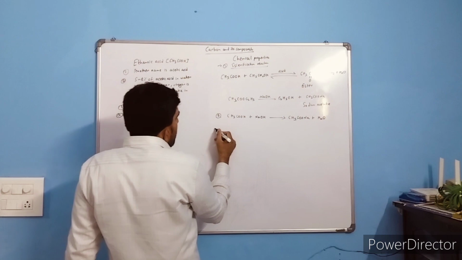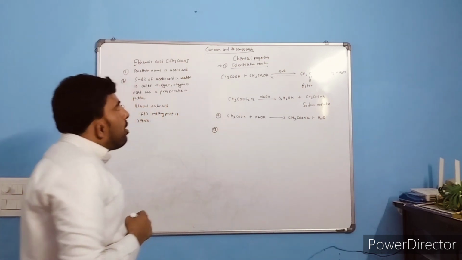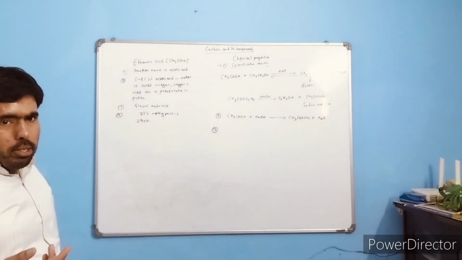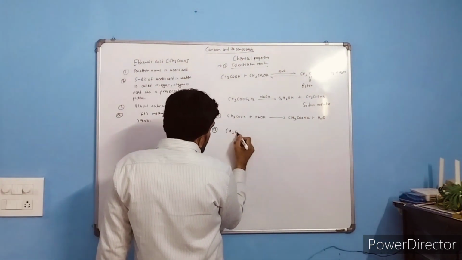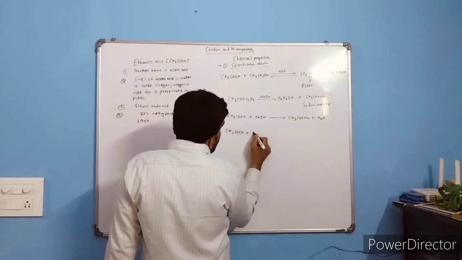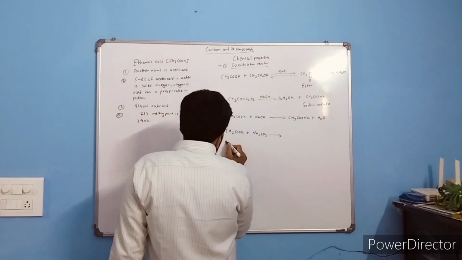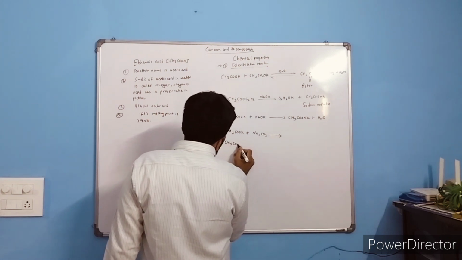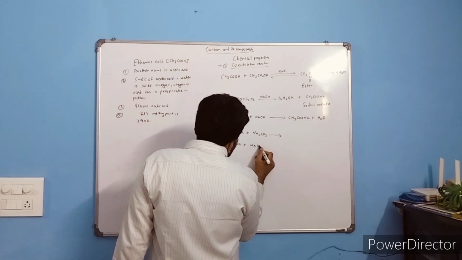Third, we will talk about when it reacts with carbonate or bicarbonate. What will happen? CH3COOH plus Na2CO3, and CH3COOH plus NaHCO3.